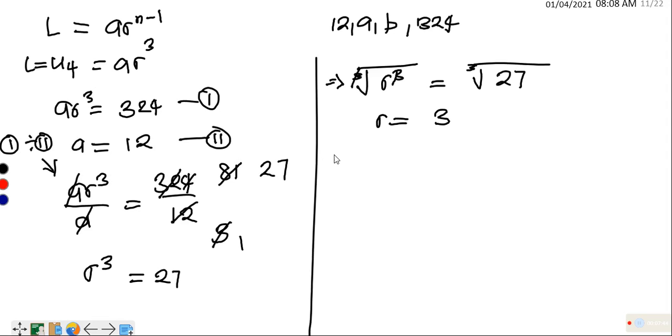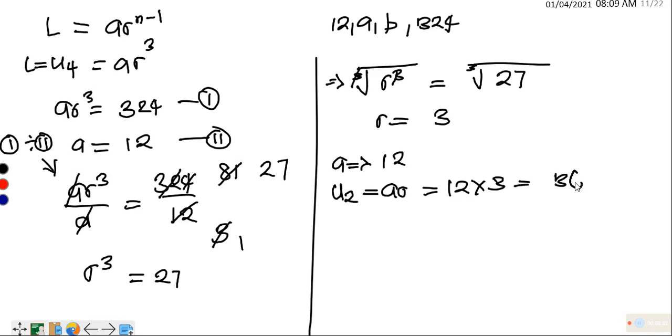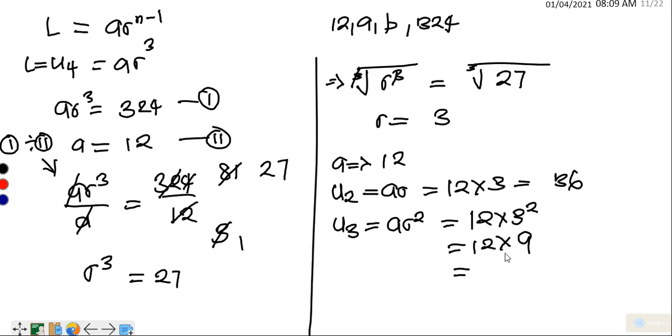So from here we can generate A and B. The first term equals 12. The second term, U2, equals AR, which is 12 times 3, which is 36. The third term, U3, is AR squared, which is 12 times 3 squared, which is 12 times 9, which is 108.